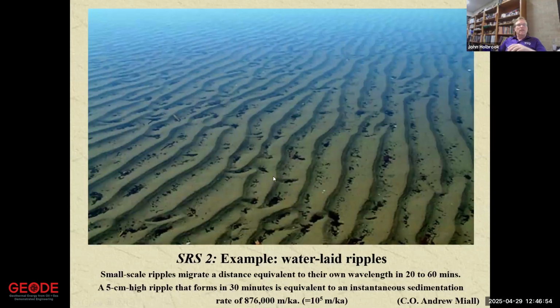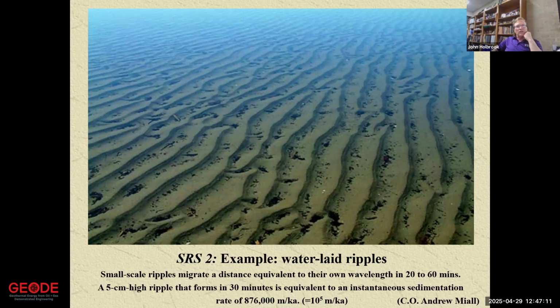Okay, so first off, let's start with a simple point. Let's just consider those ripples migrating along the floor, and over about 20 to 60 minutes, they're going to migrate and build about 5 centimeters worth of sediment.